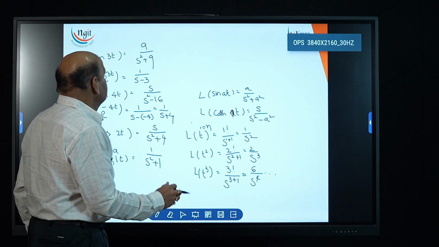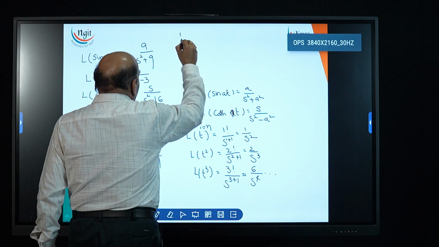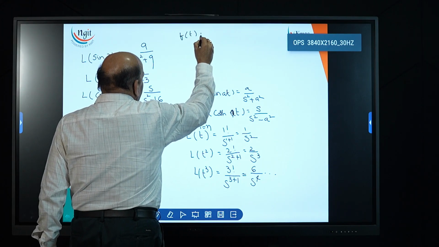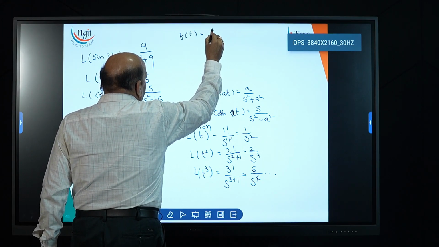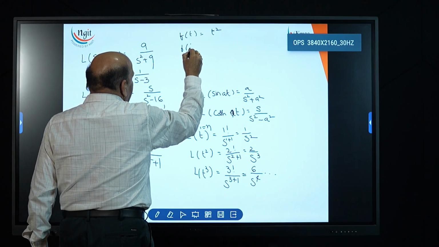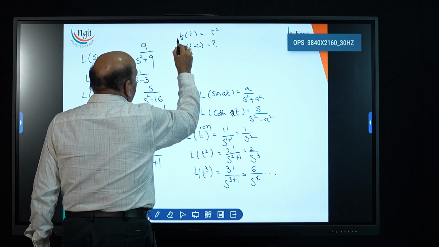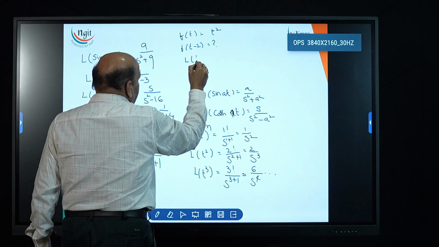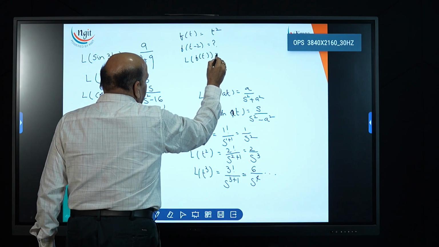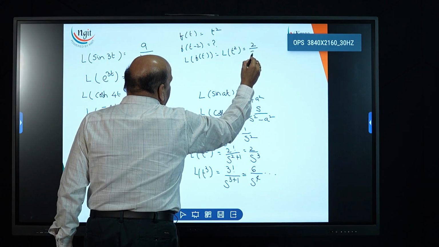One more point. Look, if f of t equals t square, what is f of t minus 2? Look at this one. The Laplace transformation of f of t is equal to L of t square, that equals 2 by s cube.